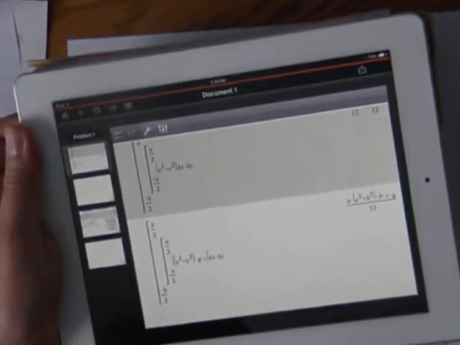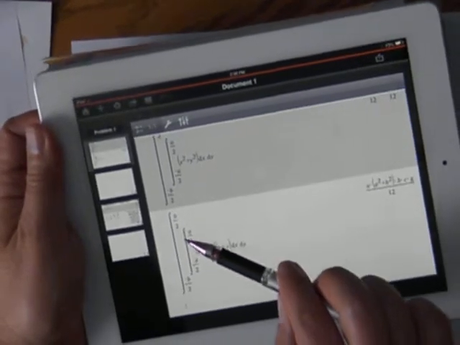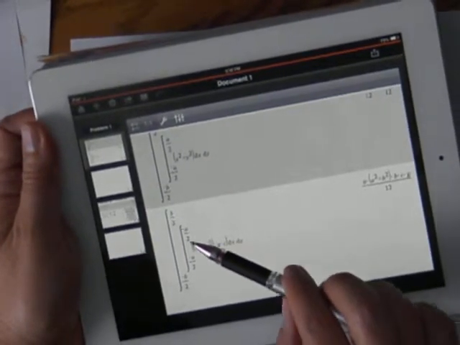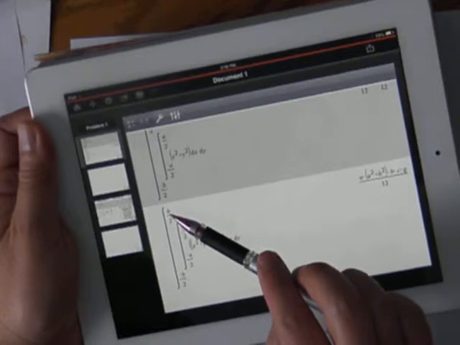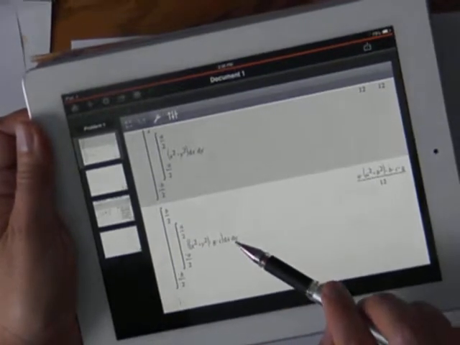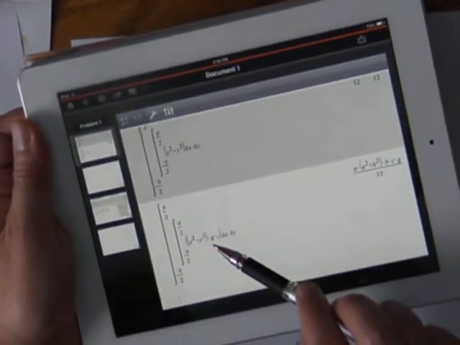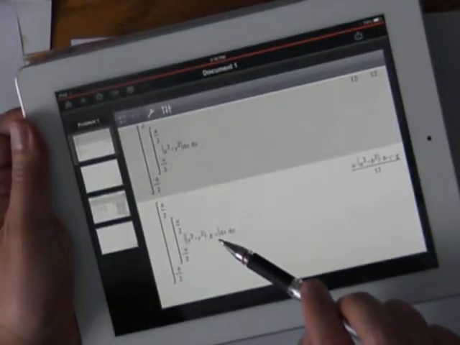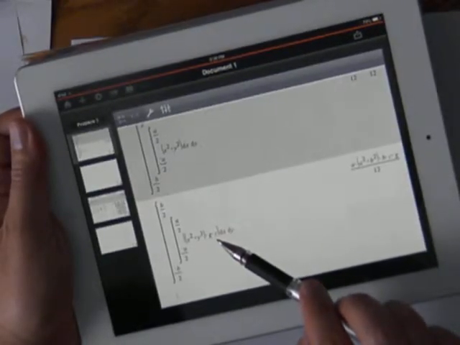Right here is my double integral going from negative a over 2 to positive a over 2 for dx, negative b over 2 to positive b over 2 for dy. My rho is, I actually use the letter G in my calculator, and there's c for my thickness.